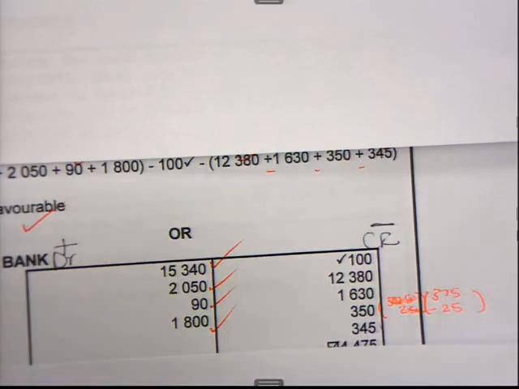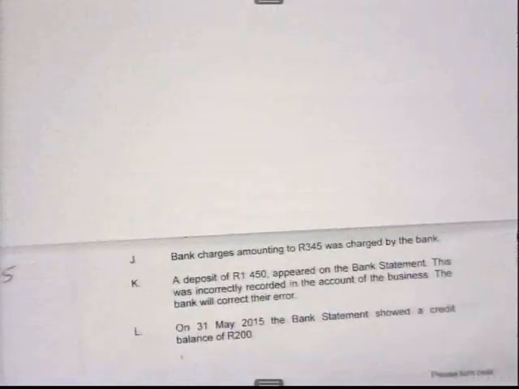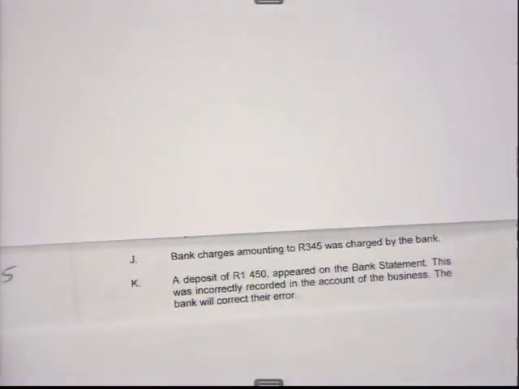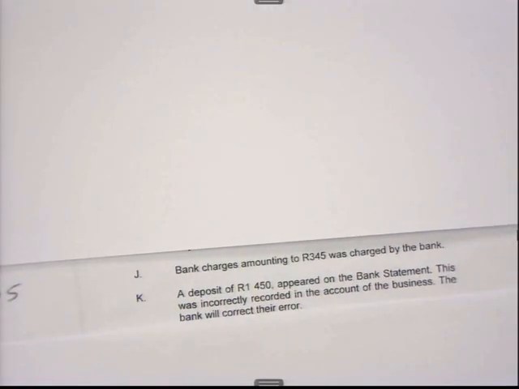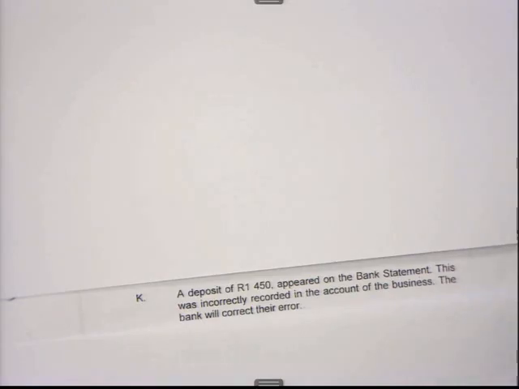Right. Then we go to the next information, information K. Right, information K, a deposit of 1,450 appeared on the bank statement. This was incorrectly recorded in the account of the business. The bank will correct their error. So the bank needs to correct this error.